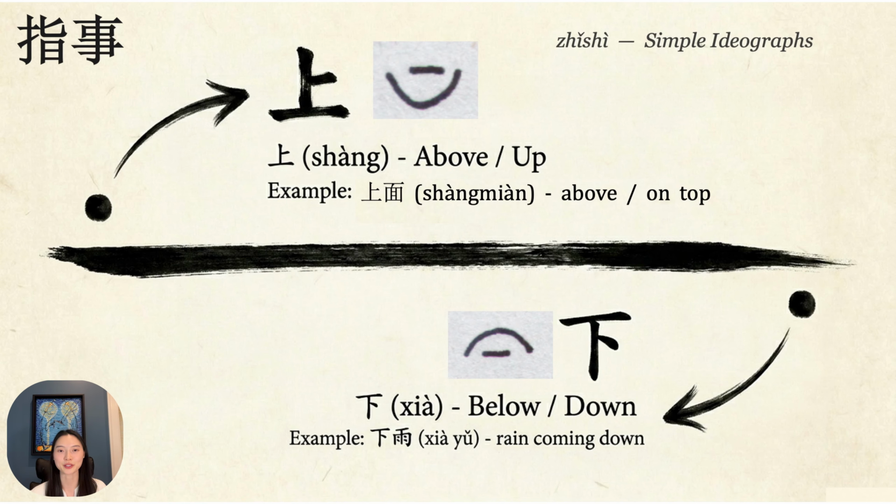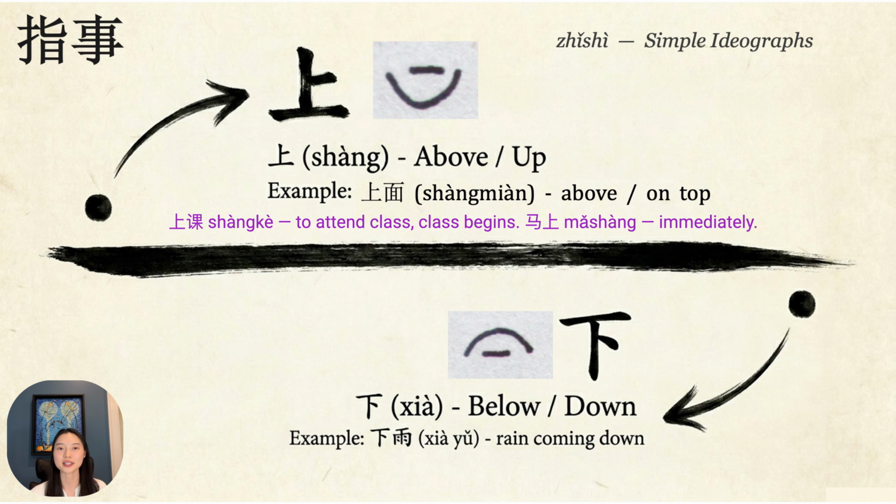The baseline represents the ground or a reference point. The mark above it says, this is where up is. Over time, a vertical stroke was added, and the curves straightened, giving us the modern character 上, a vertical stroke, a short horizontal mark, and the baseline at the bottom.